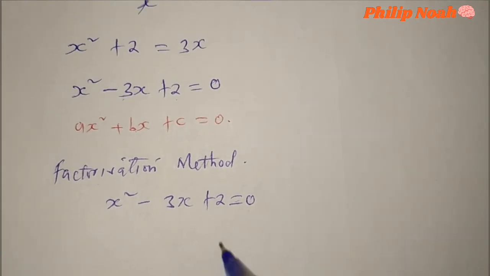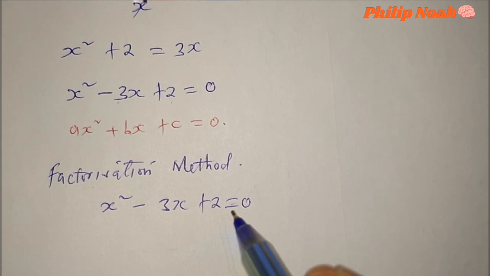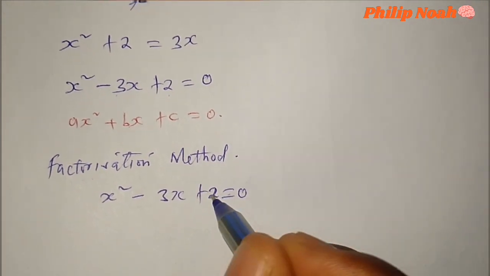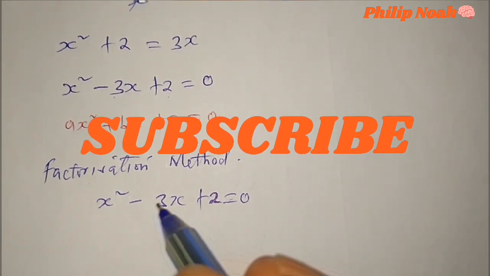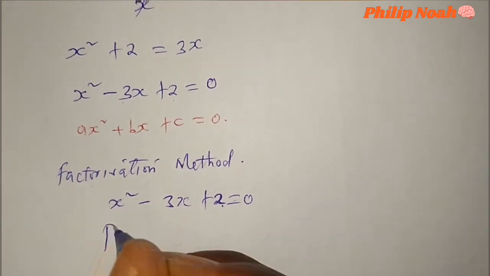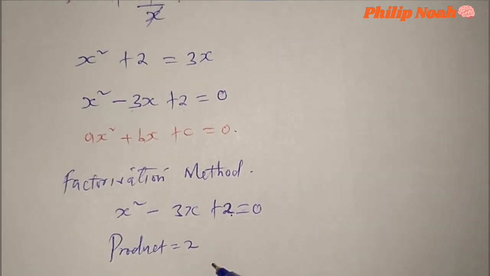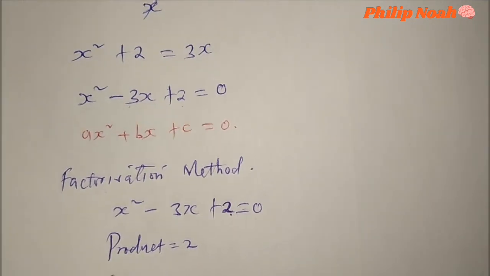So what are these two numbers that when we multiply them, we get 2? I'm saying the product of these two numbers is 2. Then if we add them, the sum is negative 3.